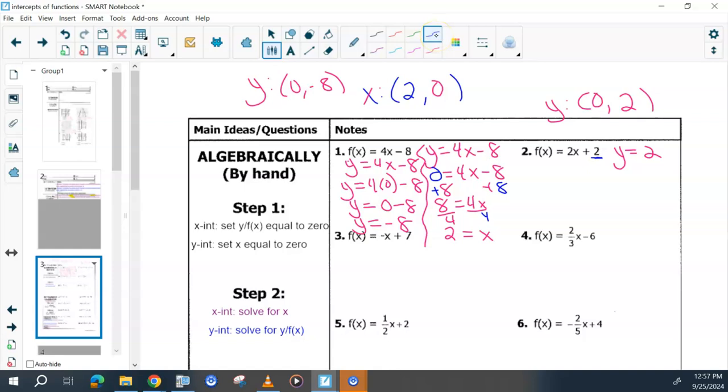But the x, we do have to solve for it. I'm going to rewrite as y equals, put 0 in for y and solve for x. By doing what? Subtracting the 2.